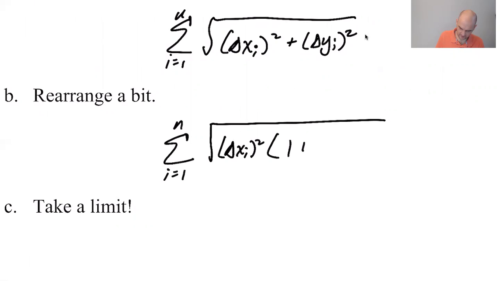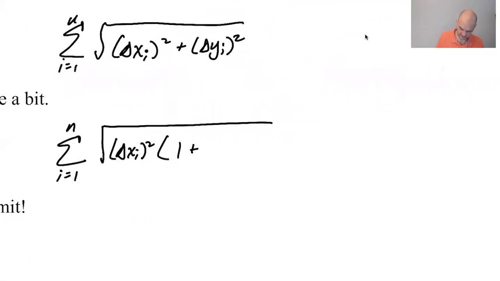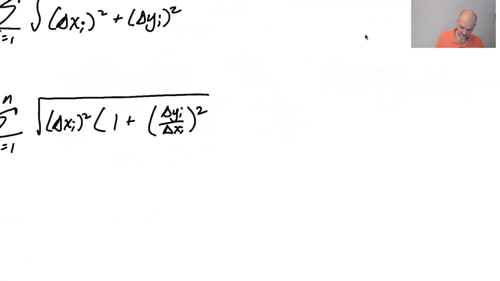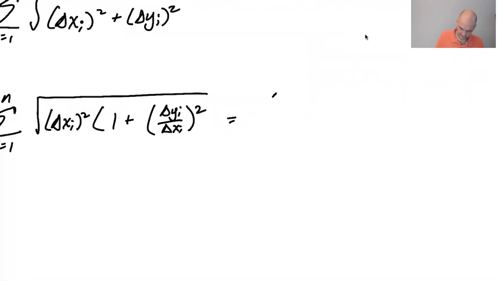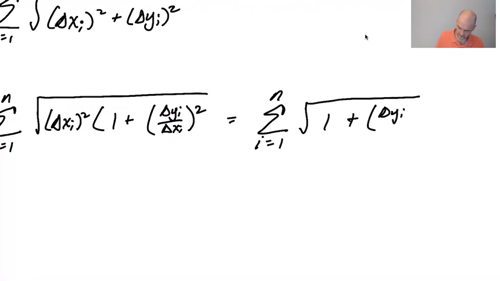That'll leave me 1 plus, and then the weird thing here is we get delta yi over delta xi, squared. I'm going to take out 1 plus delta yi over delta xi squared.